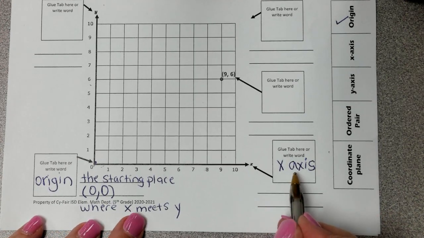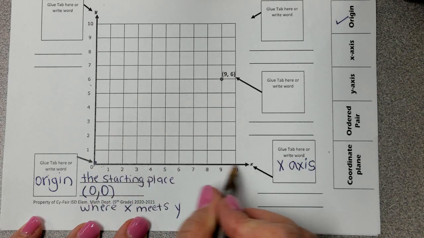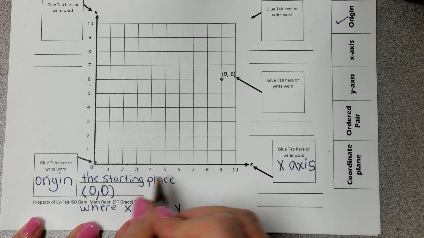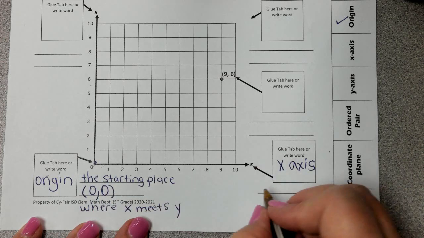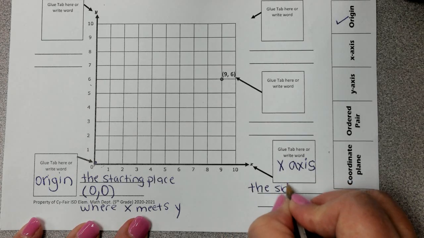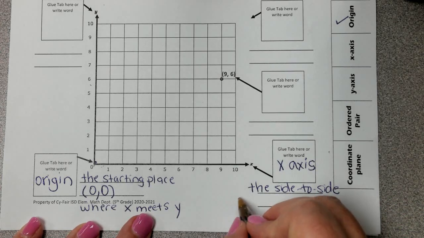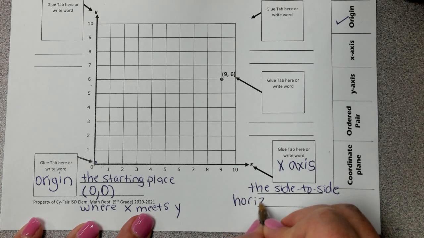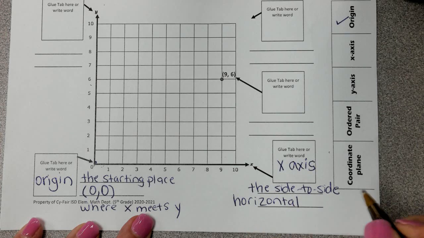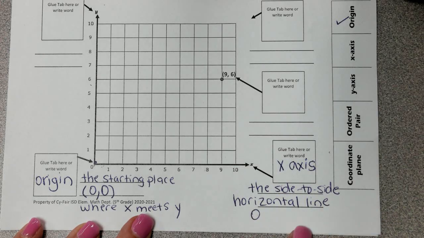This x-axis is a line that is going which direction? Up and down or side to side? So let's call it the side to side. A math word for that is horizontal. The side to side horizontal line, 0.